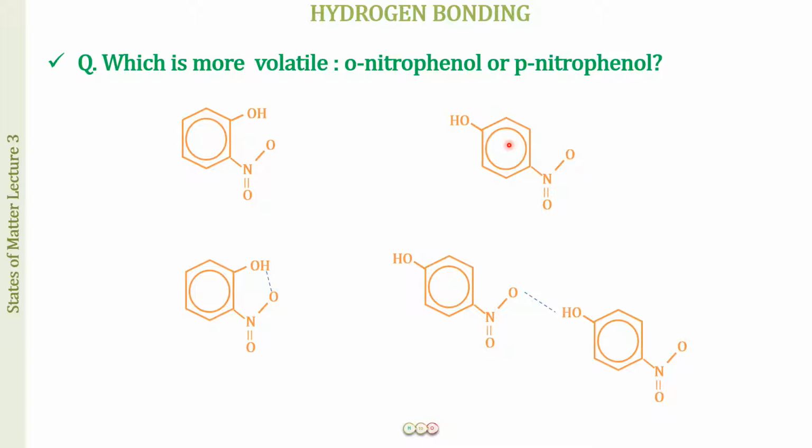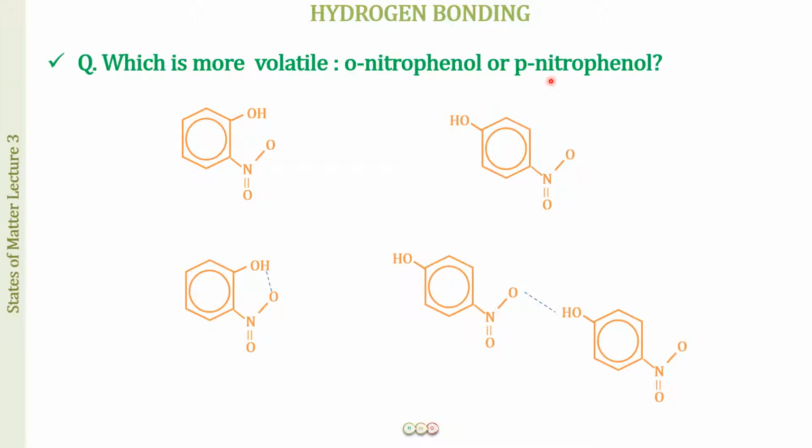Another question which can be asked over here is, can these two compounds be separated by fractional distillation? In fractional distillation, we can separate two compounds when there is a difference in their boiling points.